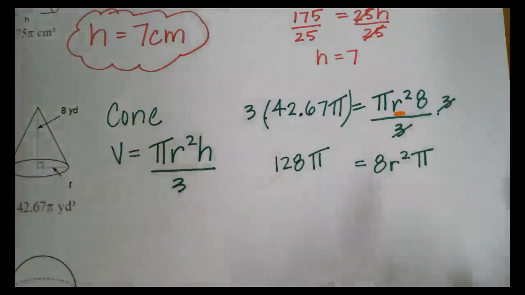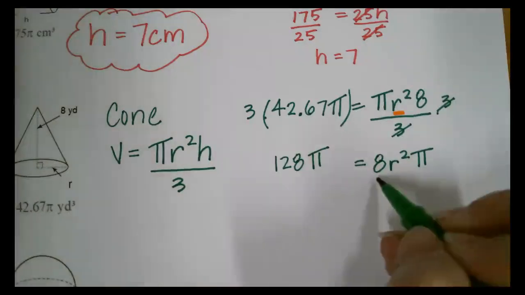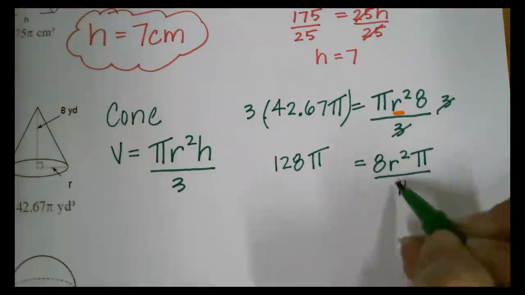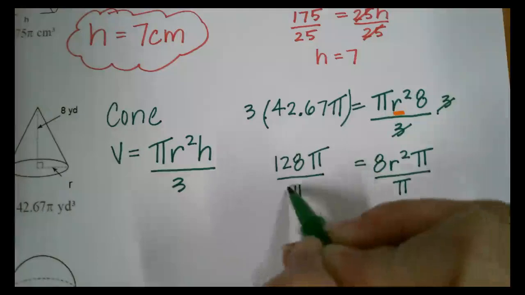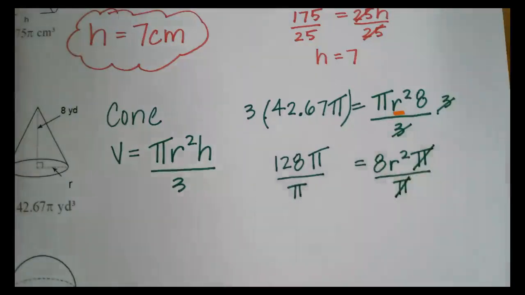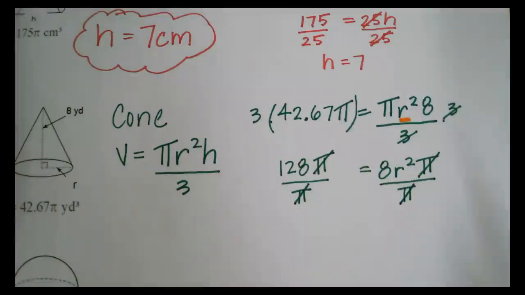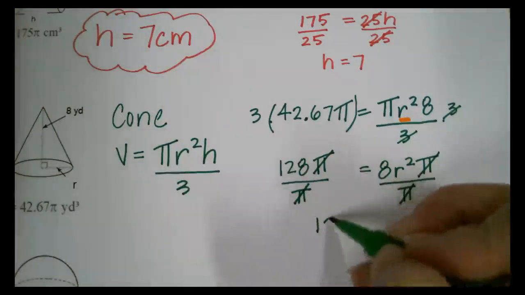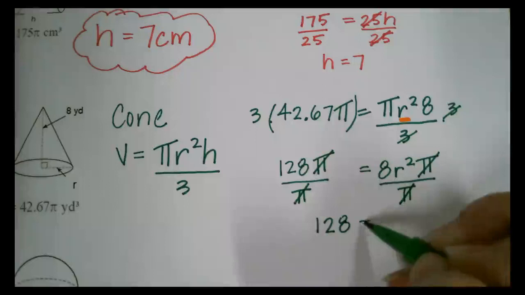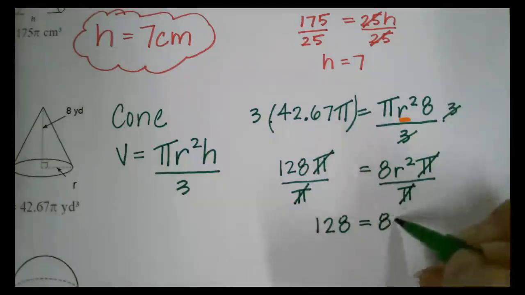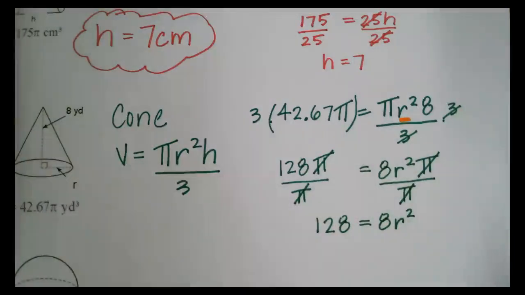All right, so I'm still trying to get the r by itself. So next thing I'm going to do is divide both sides by pi. So that cancels. And over here, that cancels. So now we have 128 equals 8r squared.